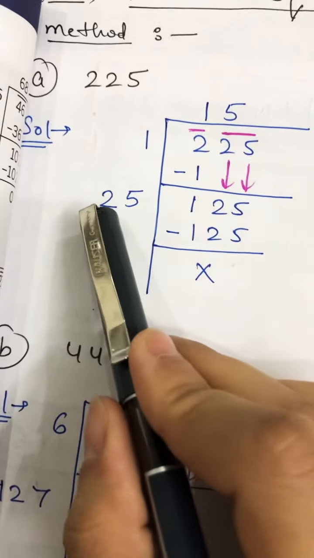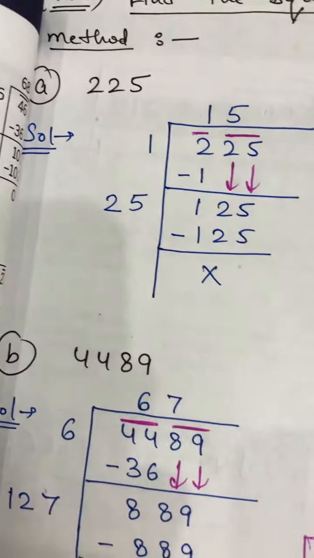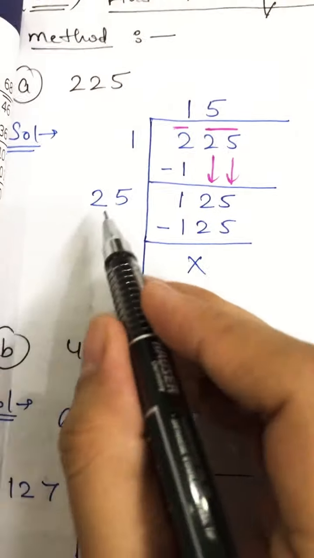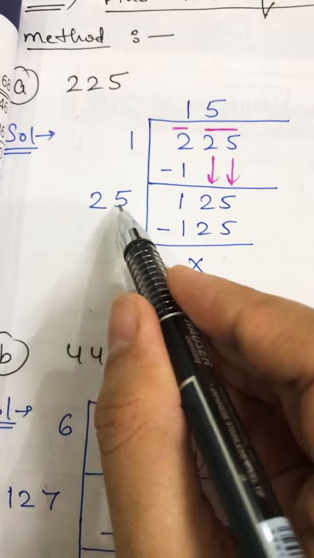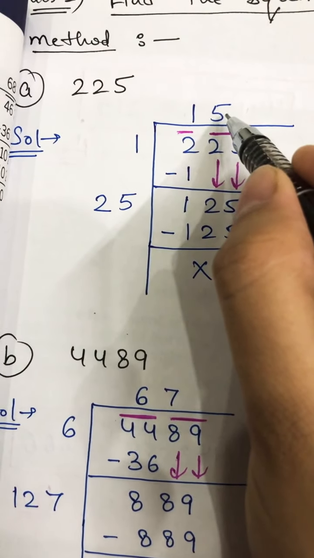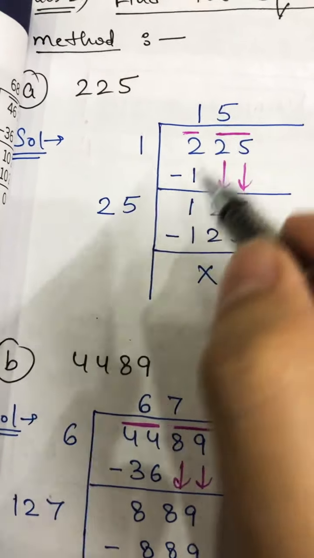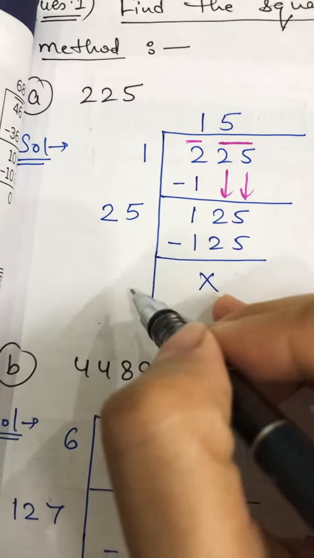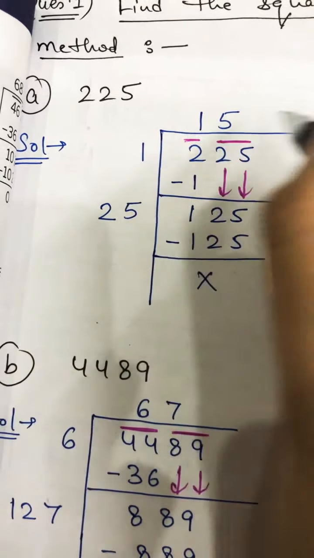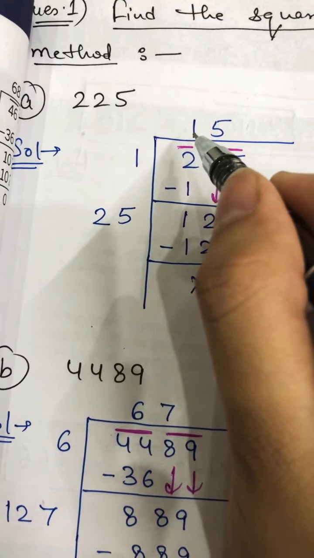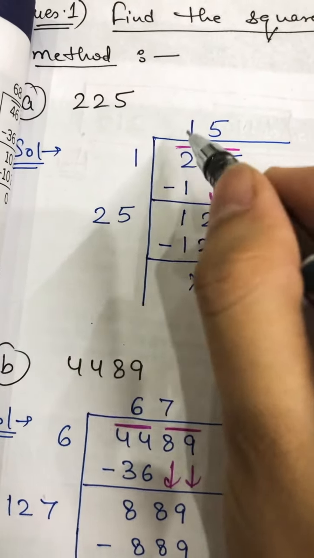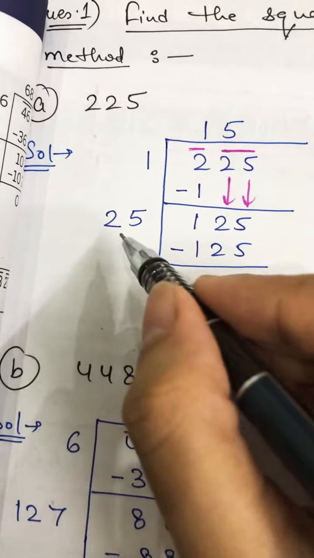Now you have to multiply 2 with a number. Now you have to place a number here. Whatever number you place here, the same number you have to place there. Like 1 you have placed here, so you have to place 1 here also. 1 plus 1 is 2.